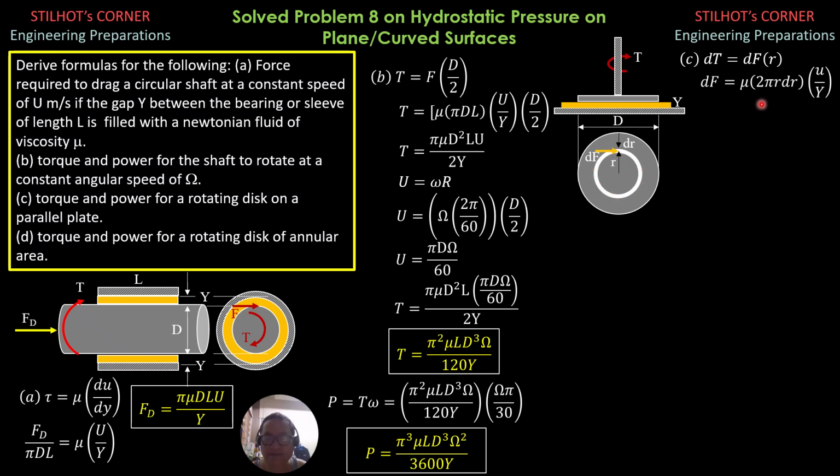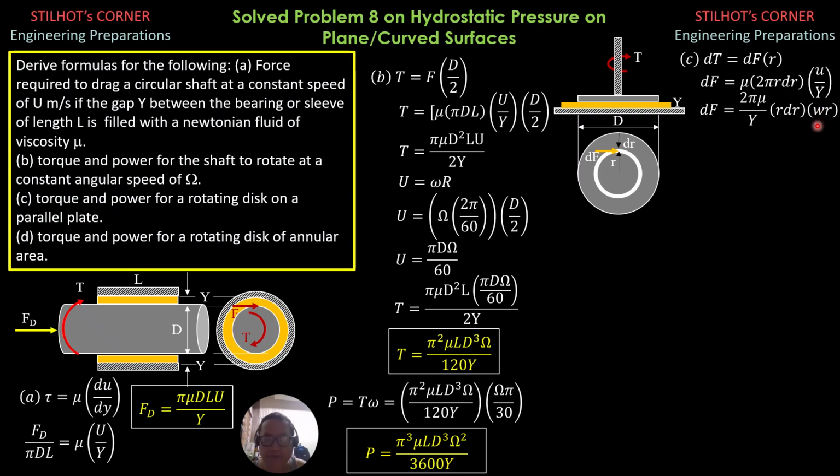Then simplifying, this is 2 pi mu over y r dr times u, and u is omega, W, times r in radians per second times small r. That's the tangential velocity around or tangent to this circular ring.